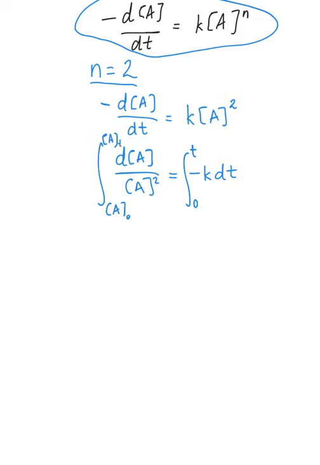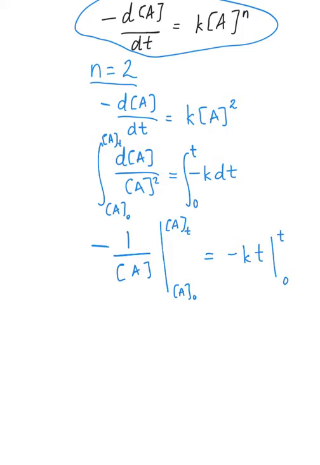This time, to integrate the left-hand side, we'll raise the power of A by 1 and divide by that new power. We end up with, on the left-hand side, negative 1 over the concentration of A, integrated over the bounds from A at time 0 to A at time t, equal to negative k times t, integrated over the bounds from 0 to t.